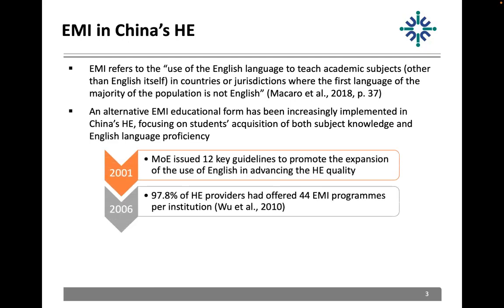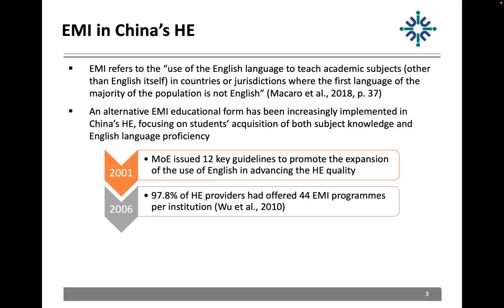As you can see, in 2001, the Ministry of Education of China issued 12 key guidelines to promote the expansion of the use of English in advancing the higher education quality.